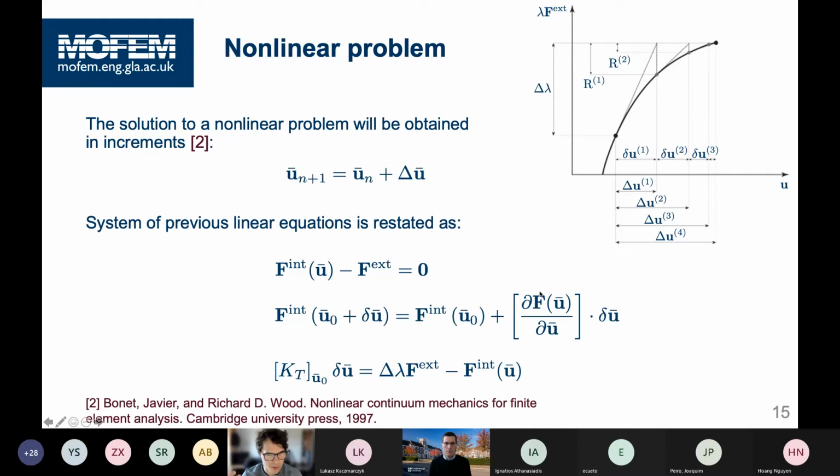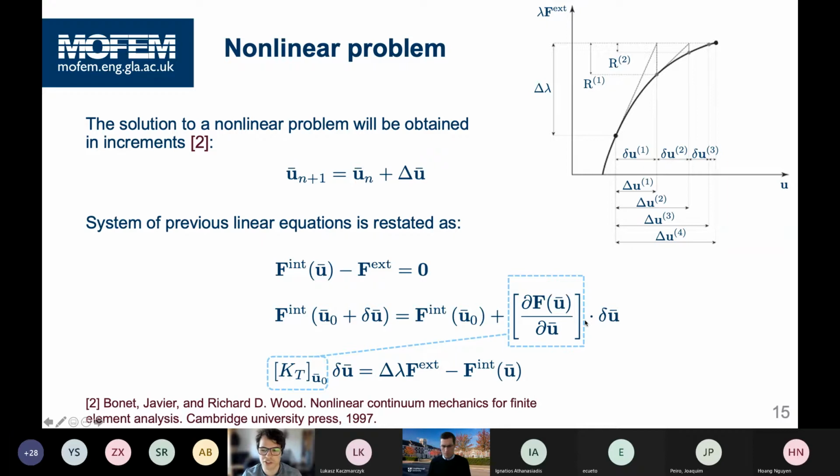But now, because when we use it, this logarithmic strain measure will make our problem nonlinear. So the best way to solve it will be in increments using Newton-Raphson. So our previous balance equation can be restated as F internal minus the external force. And this internal nonlinear part can be expanded in the Taylor series, and while neglecting the higher order terms, we can now obtain the increment of this nonlinear function.